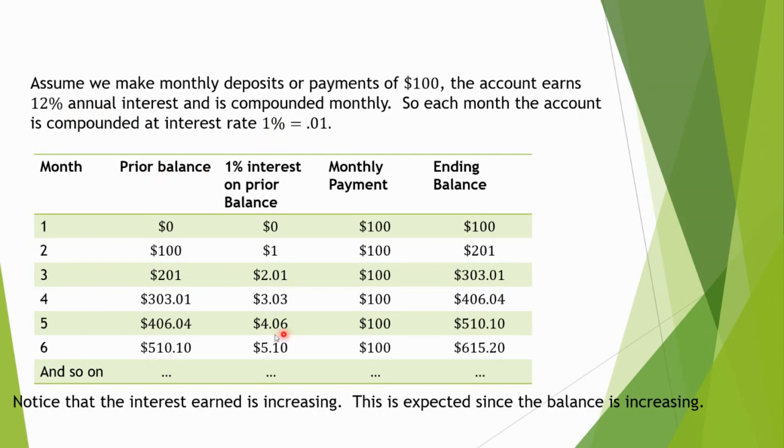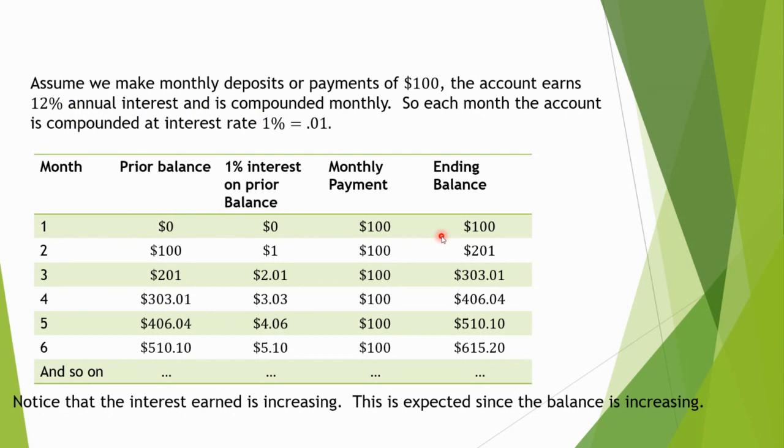And basically, this table is just illustrating what's going on. So for instance, during the first month, there's nothing in the account initially. We opened it, there's nothing in there. It's compounded once a month, but there's nothing in there, so nothing extra is added to it. Okay? But here's what happens. We make our monthly deposit, though.